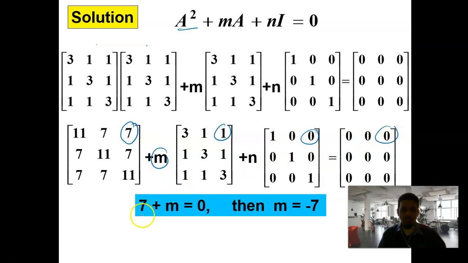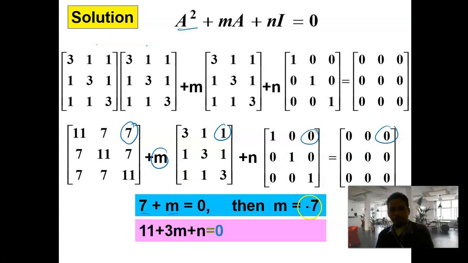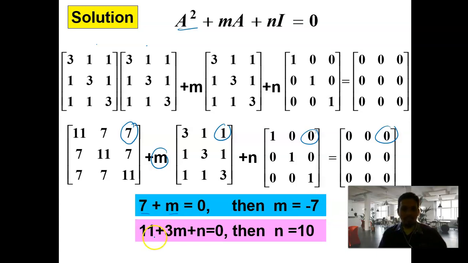So we get the first equation here, 7 plus M equals 0, then M equals negative 7. And 11 plus 3M, okay, and 1N equals 0, and 7M equals negative 7 here. So we got N equal to 10.